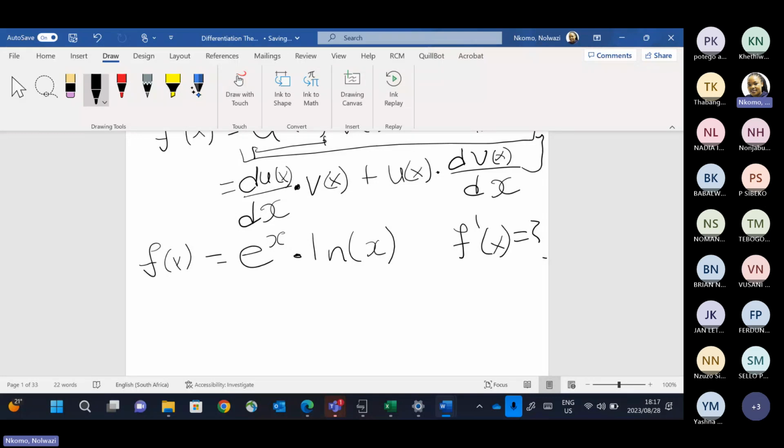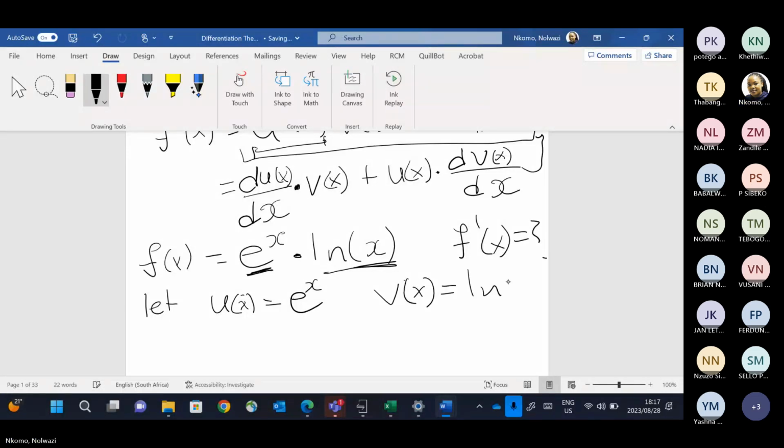You see, f at x is a product of two functions: e to the power x and ln x. We can say let u at x equal e to the power x, and v at x equal ln x.